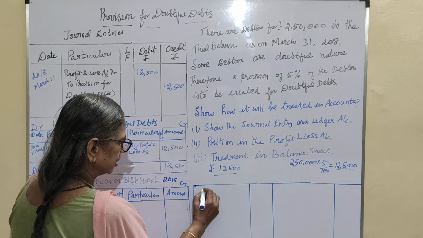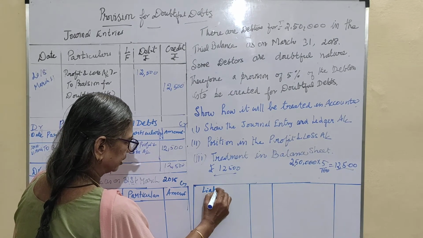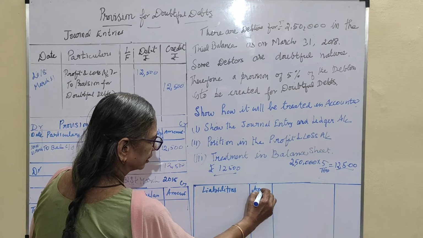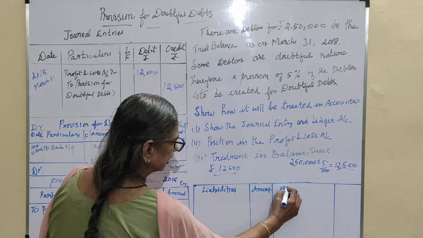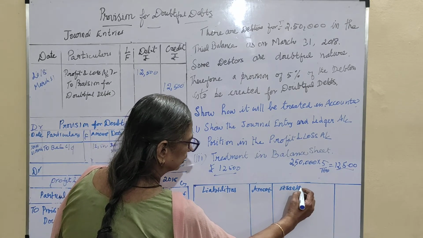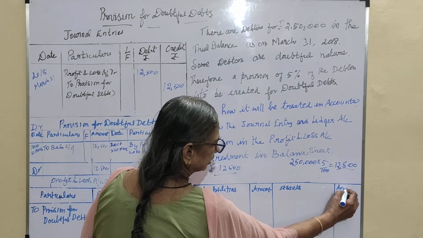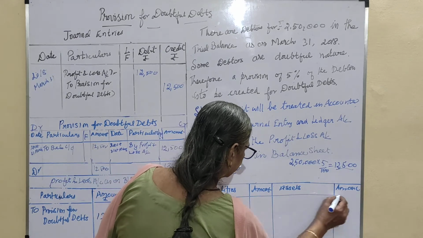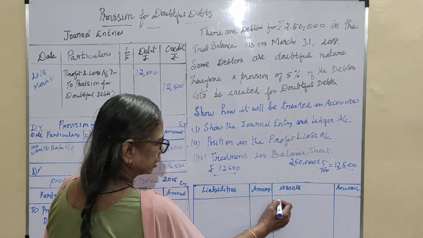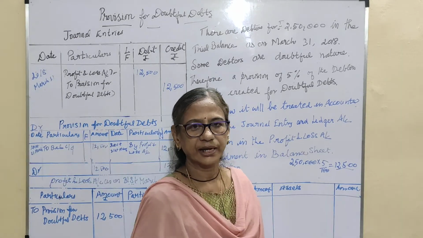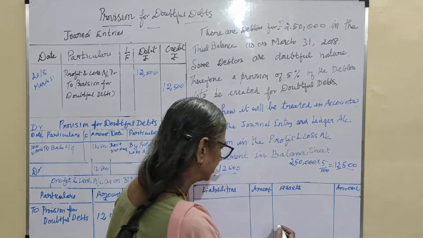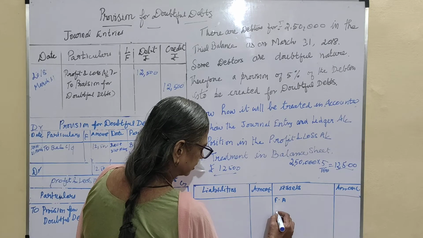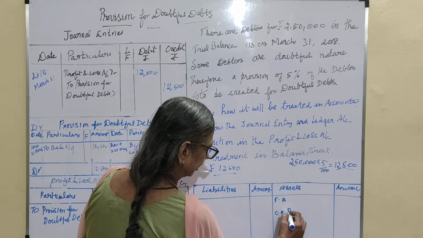Okay. Now what is the treatment in the balance sheet? In the balance sheet, this is the liability side, amount, asset side, amount. Let me draw the line. Here all the assets are there: fixed assets and current assets. Under current assets we are getting the debtors.